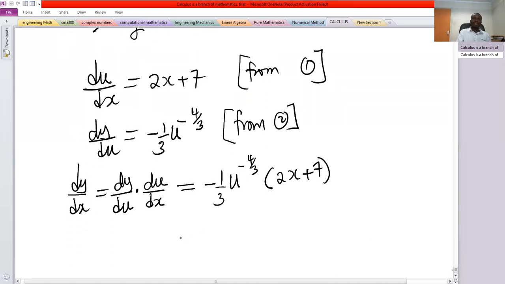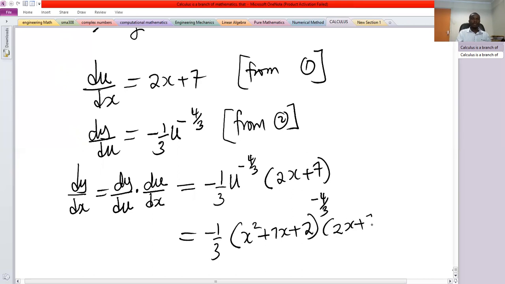Which is the same thing as saying negative a third into u, where u is x squared plus 7x plus 2, raised to minus 4 over 3 multiplied by 2x plus 7. And so this is dy dx.